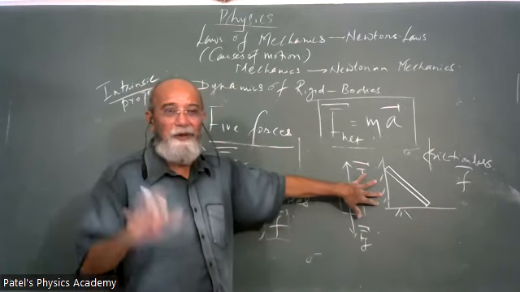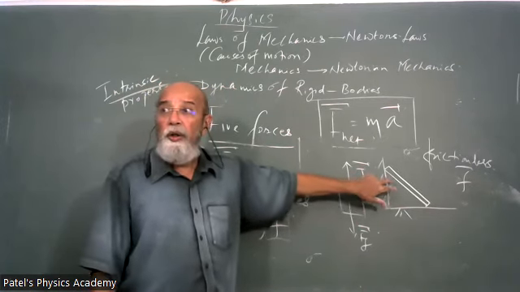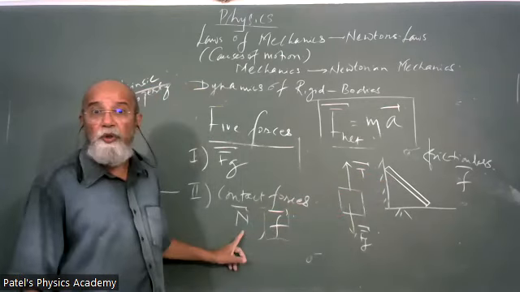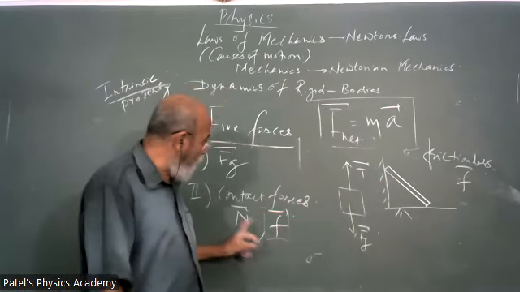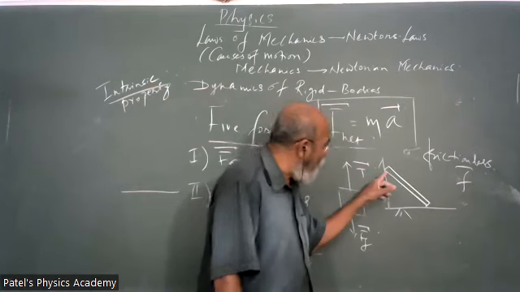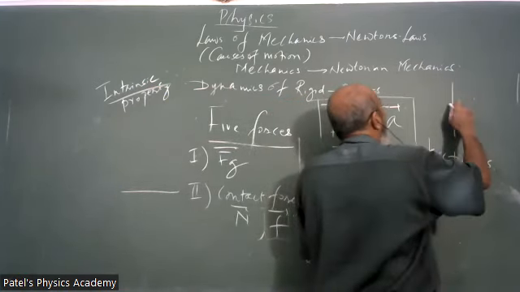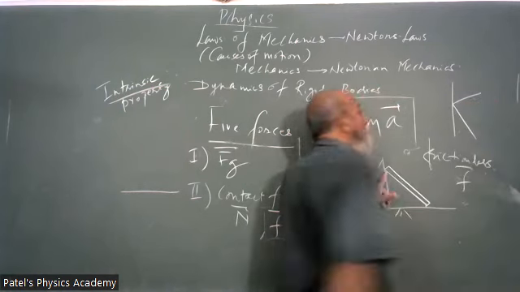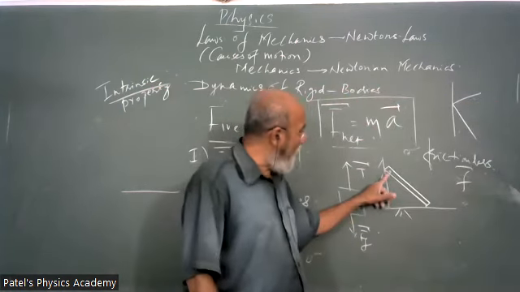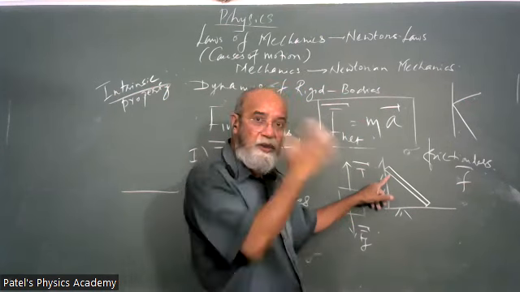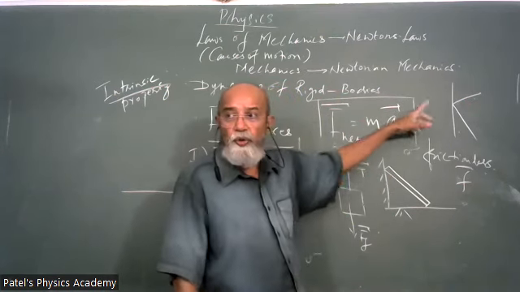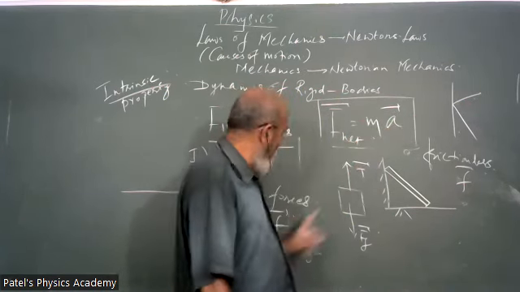Okay, let's move on. So, the contact force N I'm talking about. Now, how do you draw this N? There is a corner, there's a straight line, and there is a corner. Please pay attention. These are very important. And there is this corner of this resting board. How do you show the normal force?